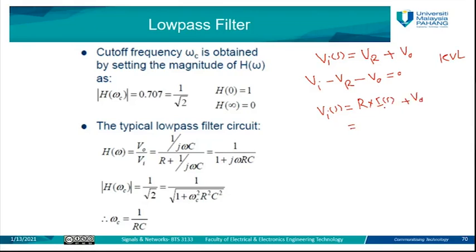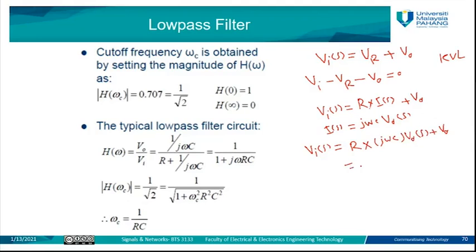We already found IS equal to V out times j omega C, because it equals V out over the capacitor impedance. We substitute for IS, so V in of S equals R times j omega C V out of S plus V out.